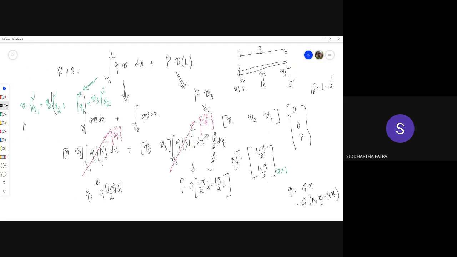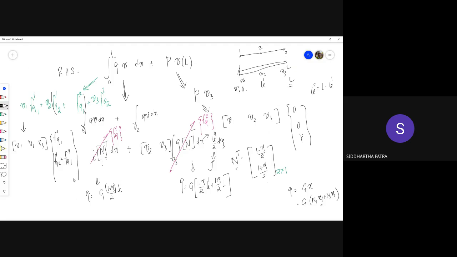And therefore, you can write this expression as v1, v2, v3 multiplying fq11, fq12 plus fq21.